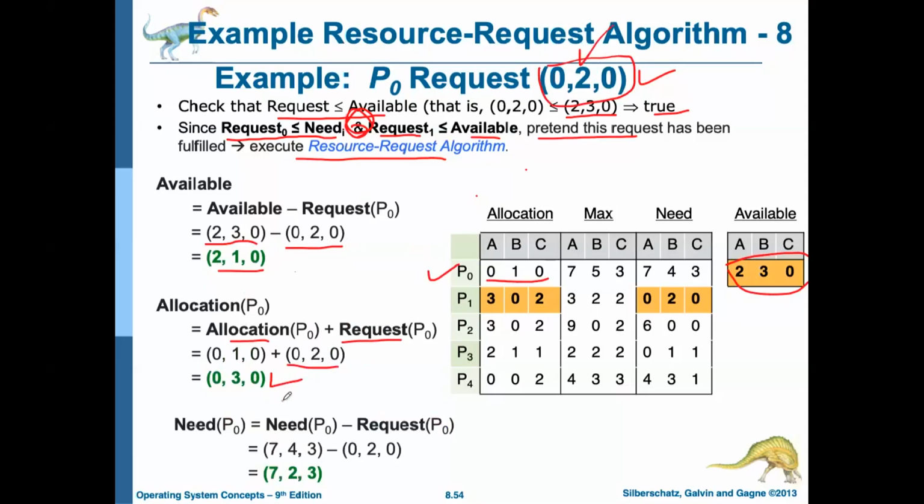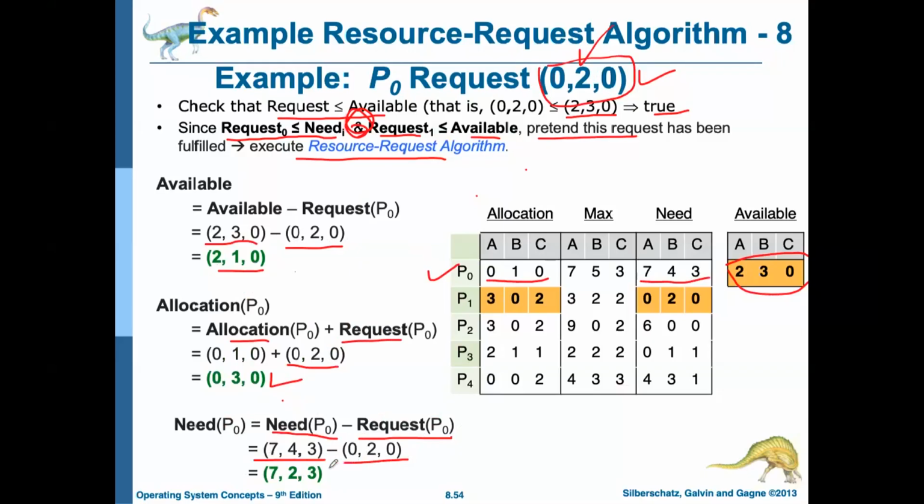So next, the need of P0, minus the request of P0. So here is 7, 4, 3, which is the need for P0, and then minus 0, 2, 0.